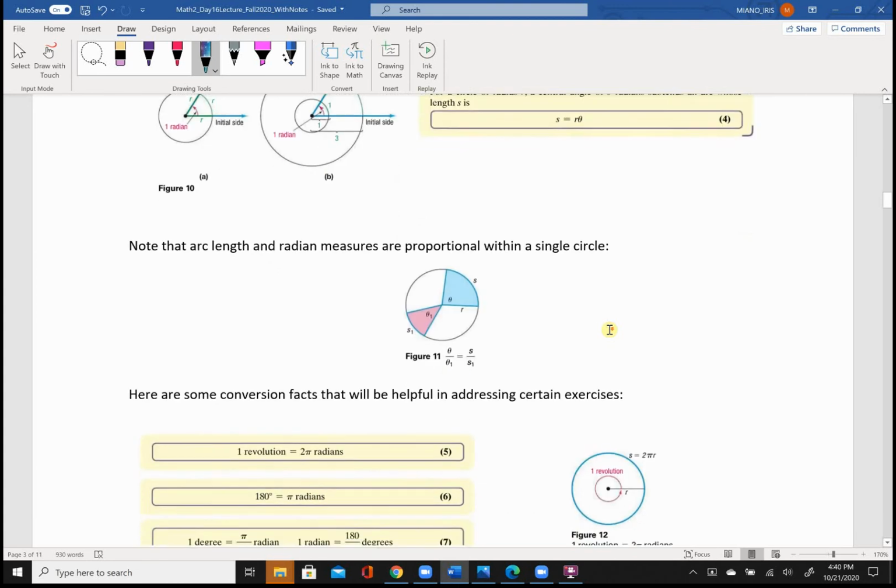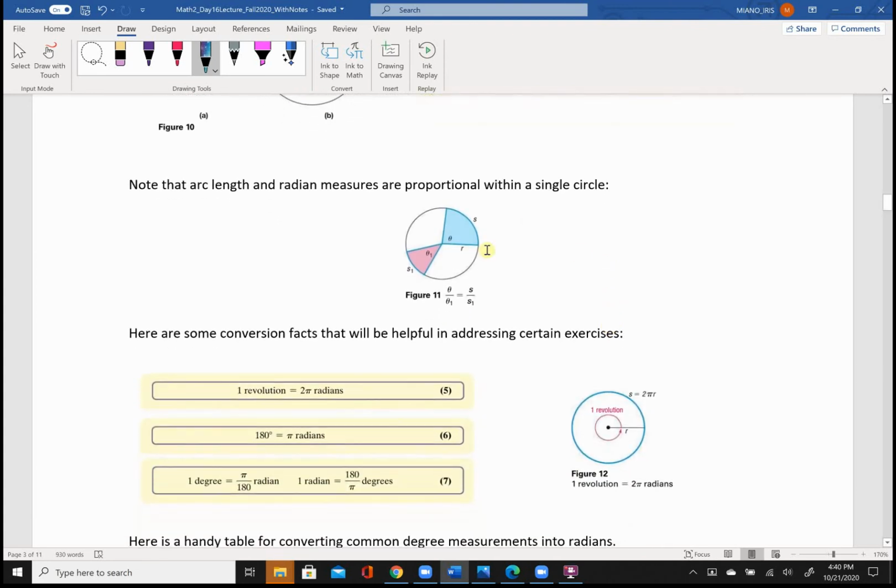So please also note that these radian measures are proportional to arc length. That's what this little figure and proportion is representing.